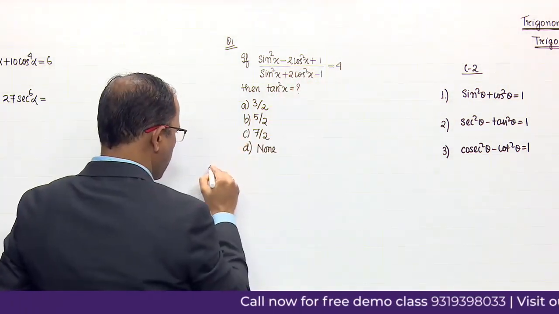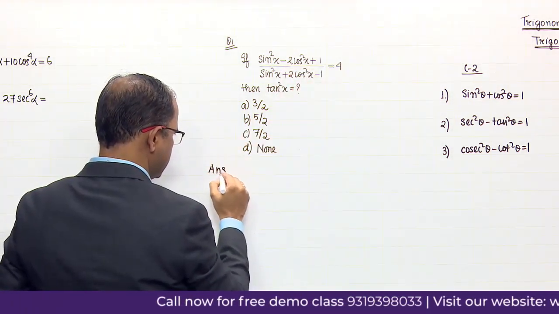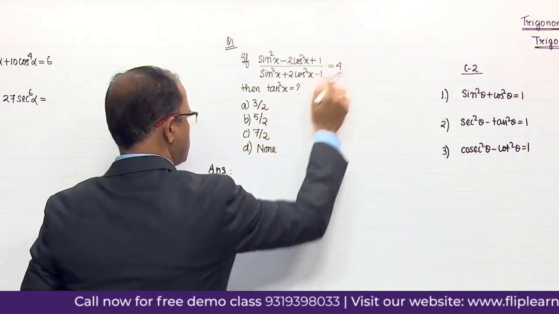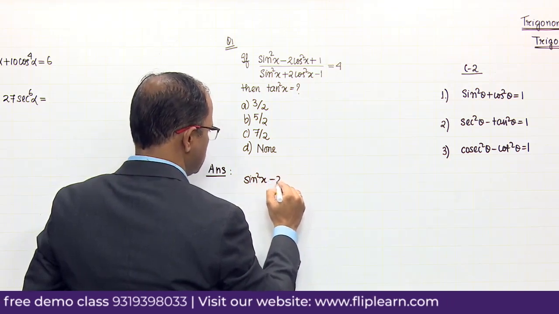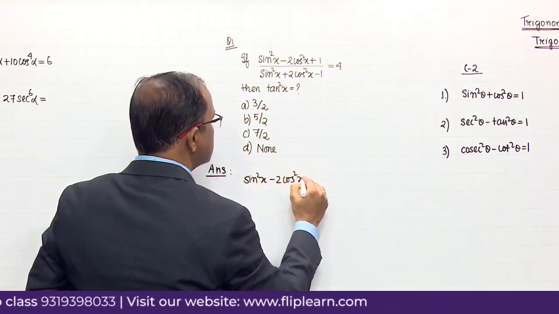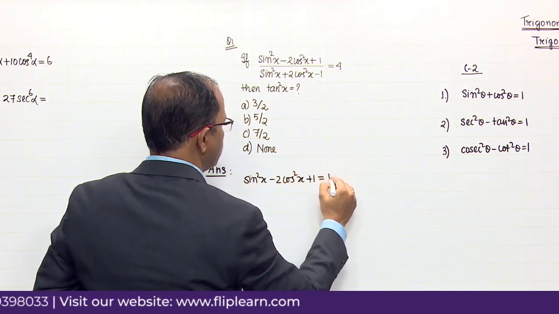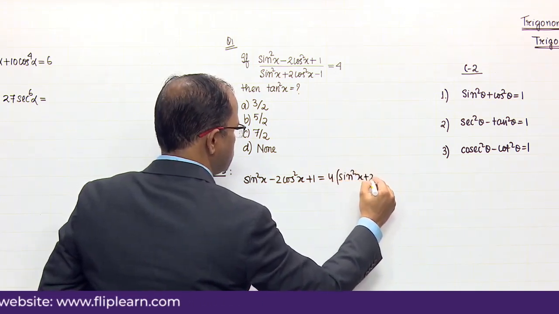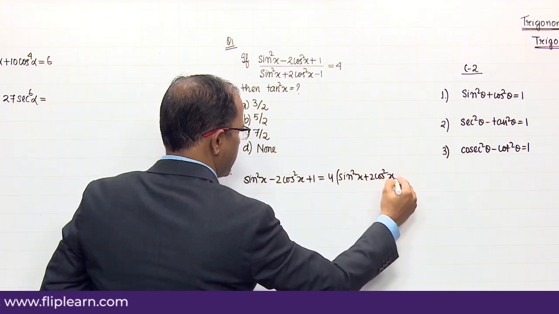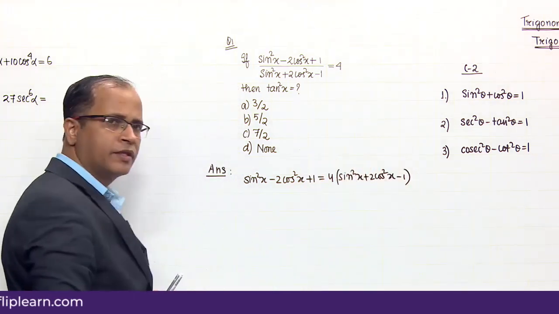I can just cross multiply this, isn't it? This is nothing but sine square x minus 2 cos square x plus 1 is equal to 4 times sine square x plus 2 cos square x minus 1, we can write in this way, fine.